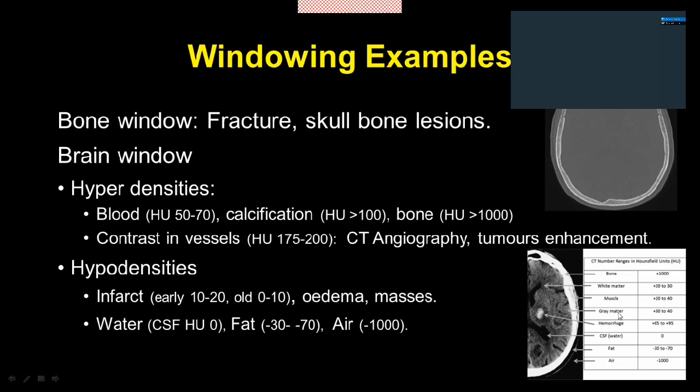As we said, this is gray matter. It measures between +30 to +40. Hemorrhage is between +65 and +95, as measured at this particular slice. Fat is between -30 to -70 at this particular slice, and the air is -1,000.